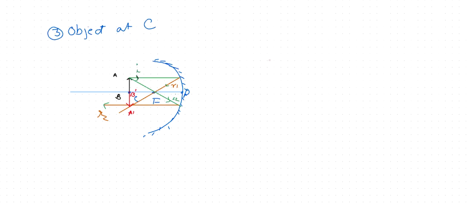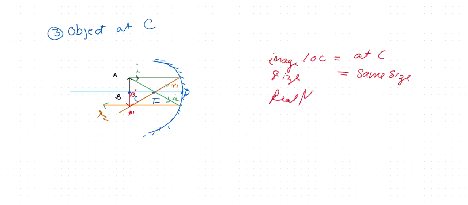So what do you say? Image location. That's the first thing you should remember. It is at C. Size, same size. Okay. Real or virtual? It is real. Real, and it is inverted.